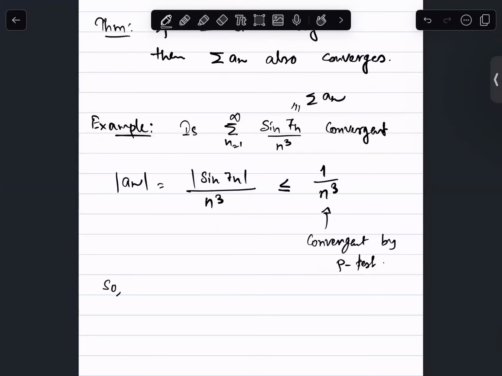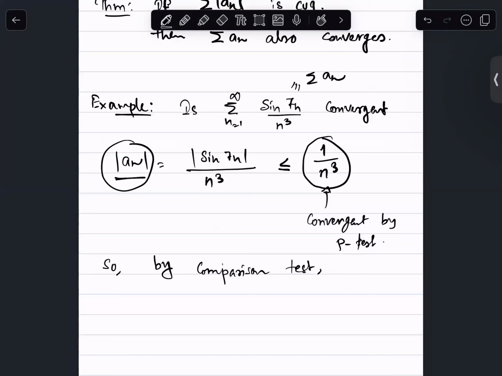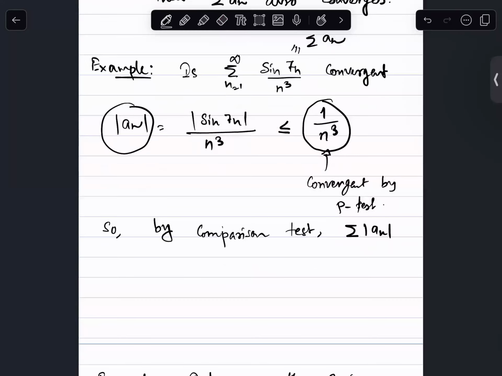So this is a nice example actually. I can use the comparison test with this and that. This is convergent. So by comparison test, and obviously when I consider summation modulus of an, this is a positive term series. So I can use the comparison test, right?